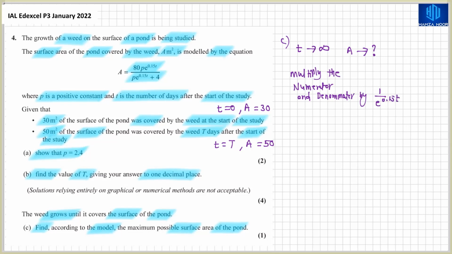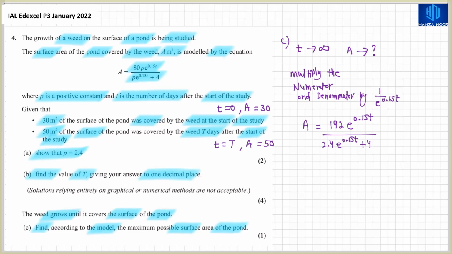Or you can say divide the numerator and the denominator by e raised to the power 0.15t. It is the same thing. So area is equal to 192 multiplied by e raised to the power 0.15t divided by 2.4 times e raised to the power 0.15t, and then plus 4.